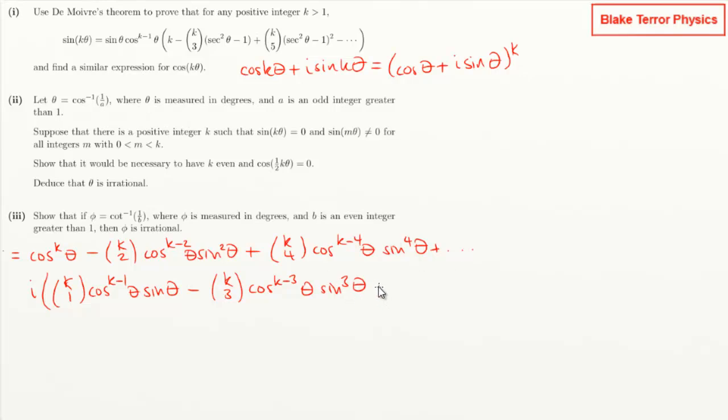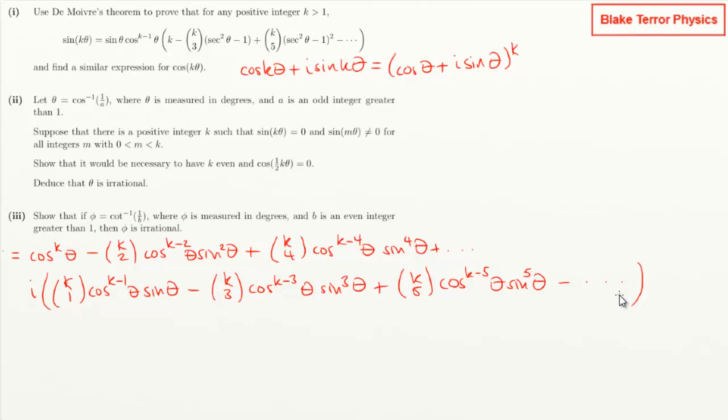And then down here I'm going to have a plus again, which is going to be k choose 5, and then cos k minus 5 theta, sine to the 5 theta, and then it'll be a minus onwards. Right, okay, close the bracket on that one.